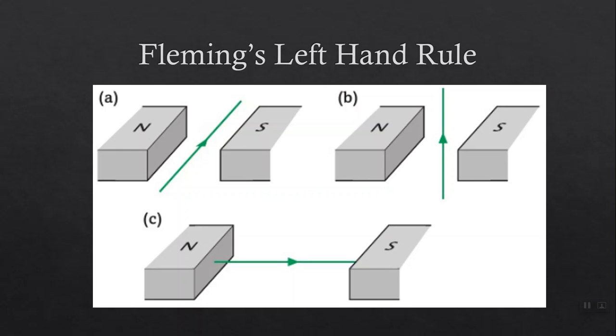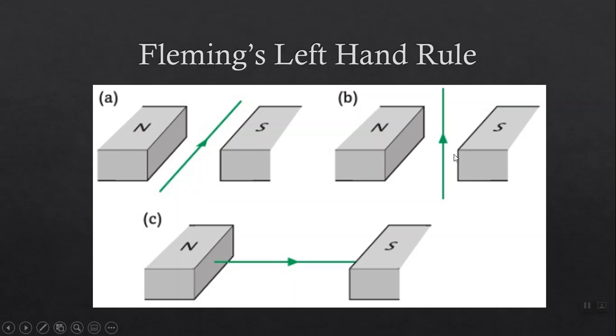So when you place that first finger towards right, then you need to know that the current finger must be into the screen. That means make sure your second finger, the middle finger, is kept into your screen. So the force will be the thumb, which will be downwards if you have kept the correct orientation. So that means in this green wire, the force will be acting downwards.